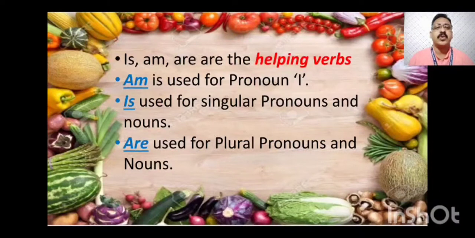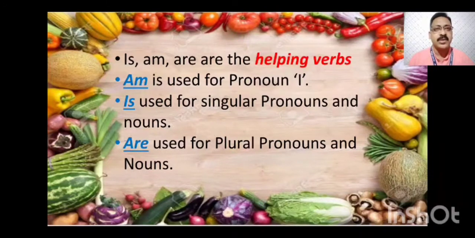Am is used for pronoun I, is is used for singular pronouns and nouns, are is used for plural pronouns and nouns. Am, we know, we generally use after pronoun I. After pronoun I we generally use the helping verb am, and is is used when the subject is singular.